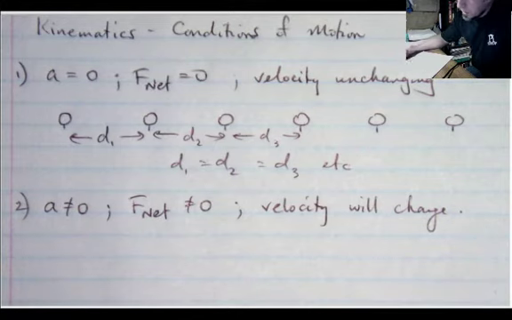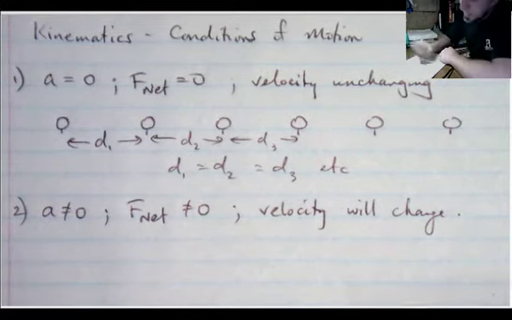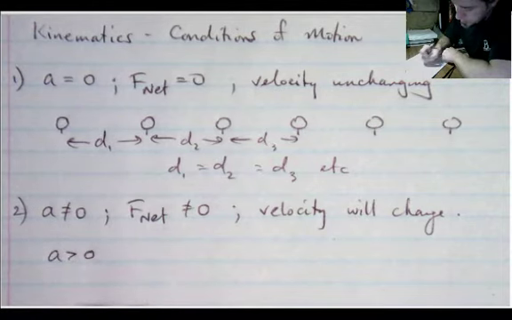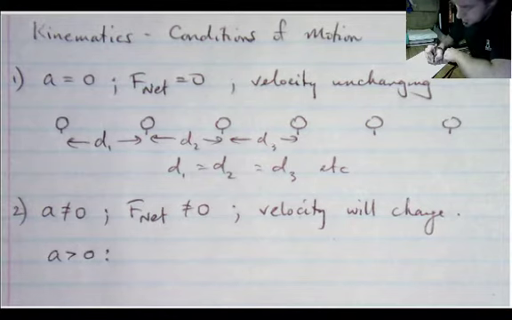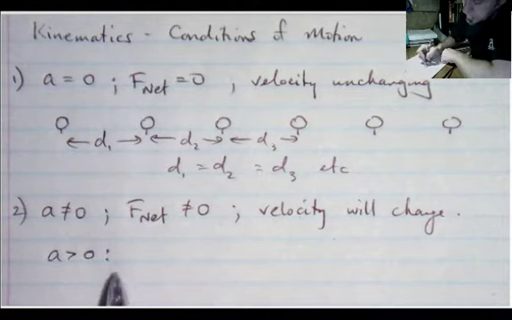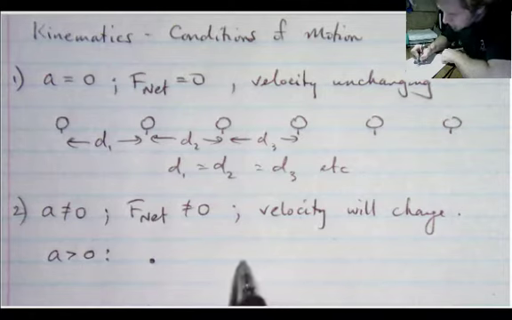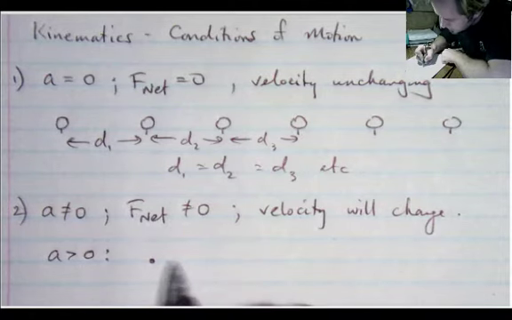If I was to draw a picture of acceleration, it would look different if the acceleration was greater than 0 than if it was less than 0. If the acceleration is greater than 0, what we find is that the distance is increasing.